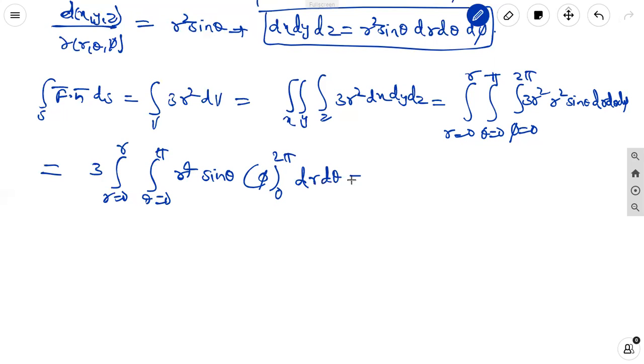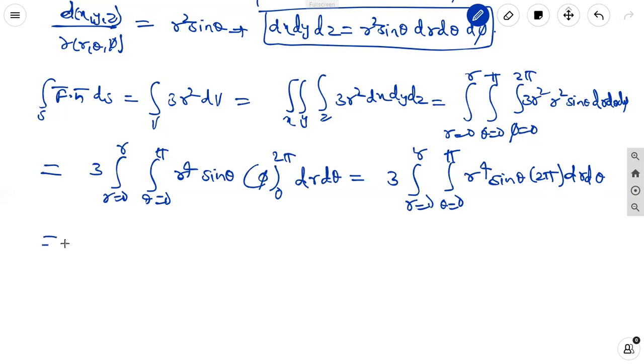It is equal to 3 integral r from 0 to r, theta from 0 to pi, r to the power of 4 sine theta into 2 pi minus 0 is 2 pi, dr d theta. It is equal to 2 pi outside, 6 pi integral r equal to 0 to r.